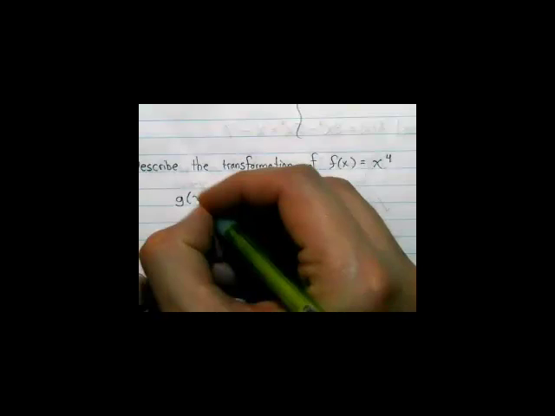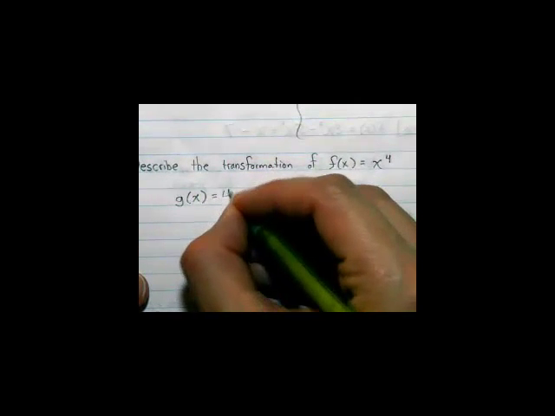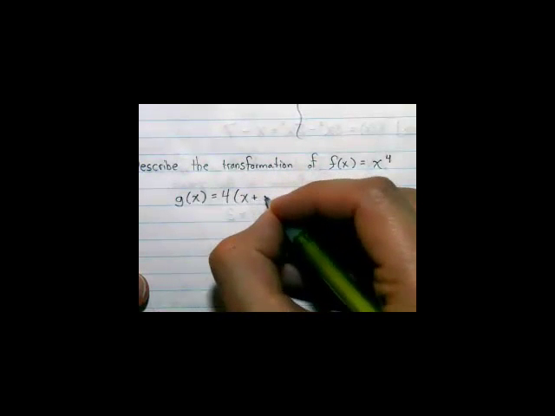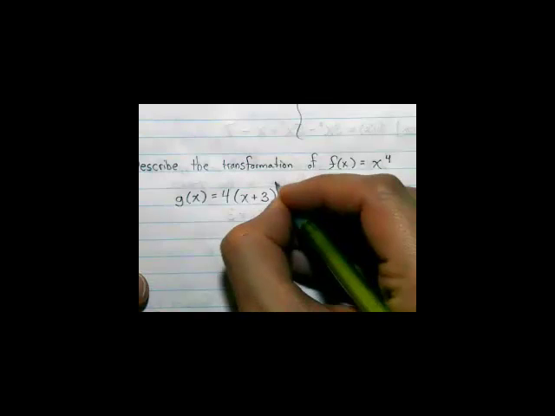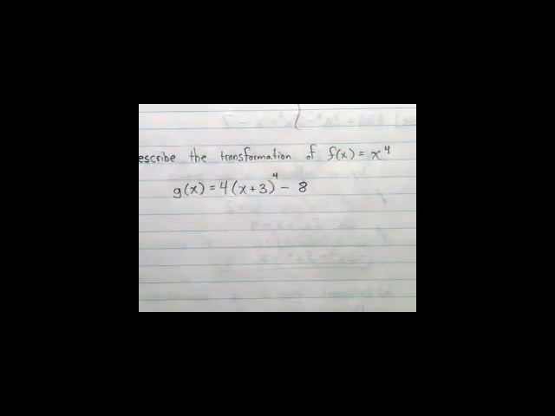And let's say our new function g of x is four times x plus 3 to the fourth minus 8. Okay, try that one on your own. If you need to make the little chart or whatever, go for it, but see if you can describe what happened to this thing and in what order did it happen.